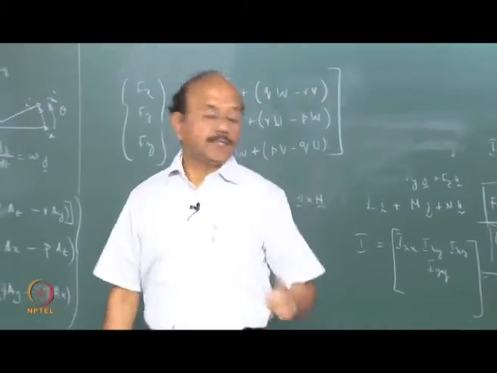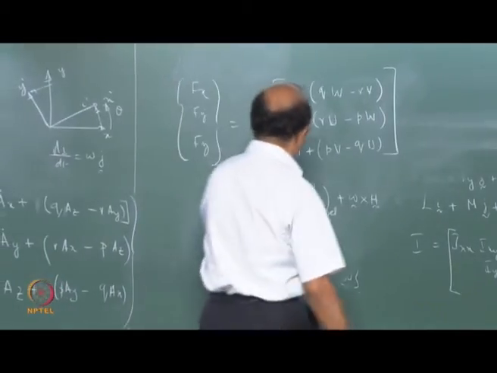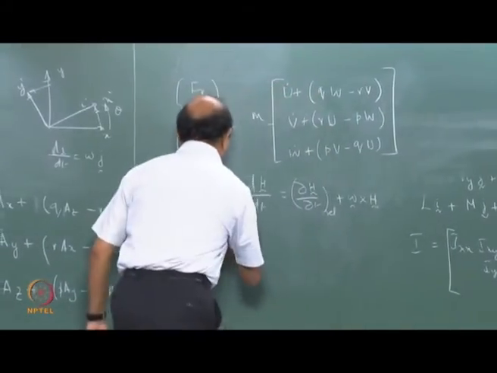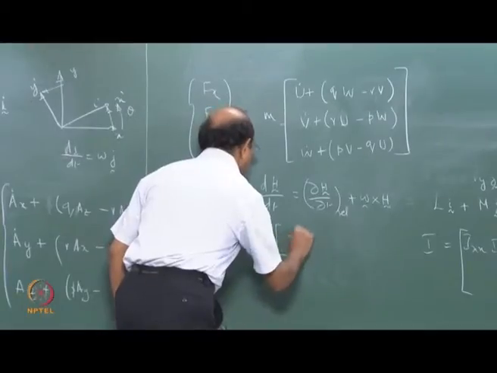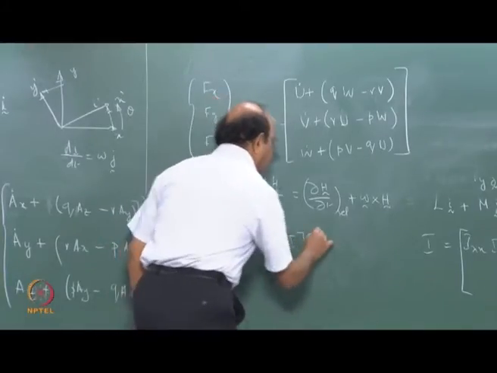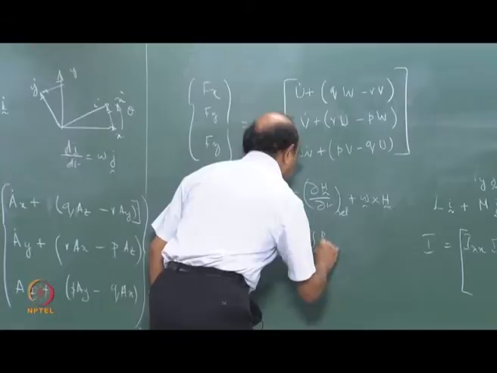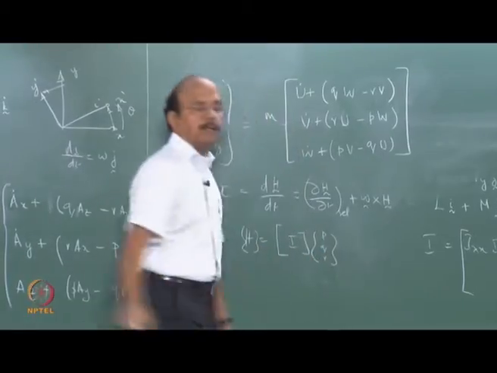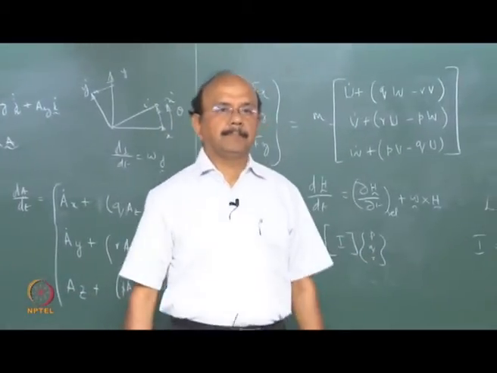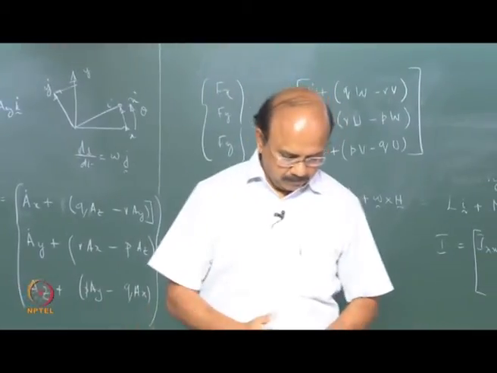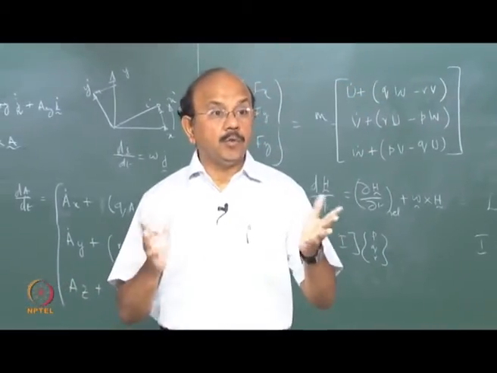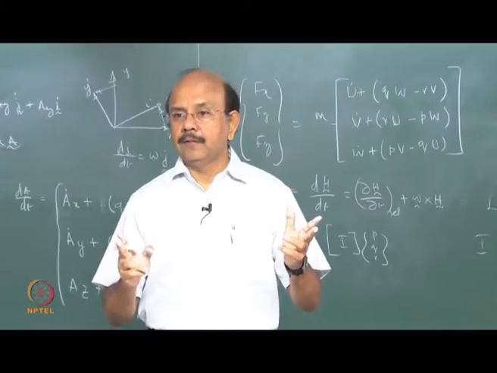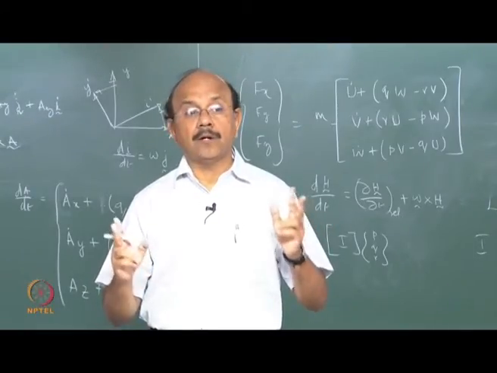Remember, H is equal to I into P, Q, R. So omega is P, Q, and R, right? Omega is not P dot, Q dot, and R dot.